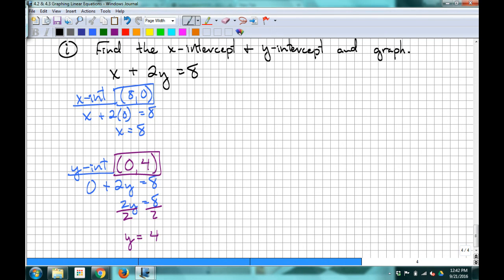Now when I go to graph that, all I've got to do is plot those two points and connect them. I need to go to (8, 0). Then I need to go to (0, 4).